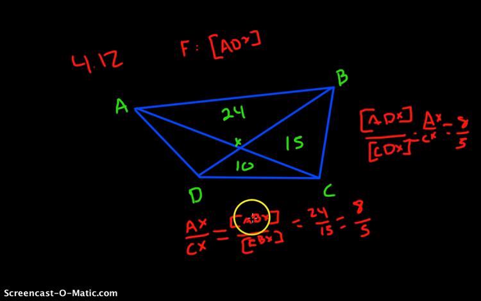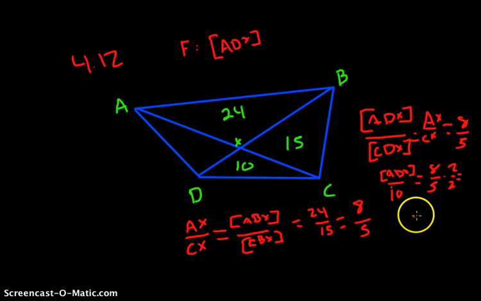Now, because the area of CDX is 10, it's going to be the area of ADX over 10 is equal to 8 over 5. So because 10 is just 5 multiplied by 2, you can just go 2 over 2.